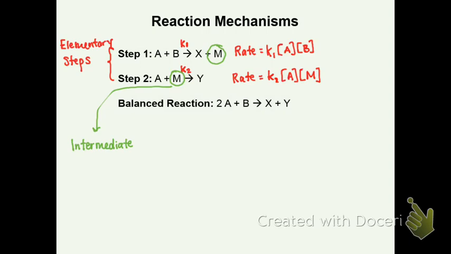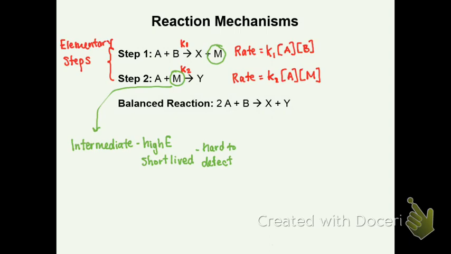Generally speaking, intermediates are high energy, and they don't last long, so they're short-lived. This means that they're hard to detect. So it will be hard to actually measure the concentration of M at the beginning of the reaction because it's not going to stay around for very long.